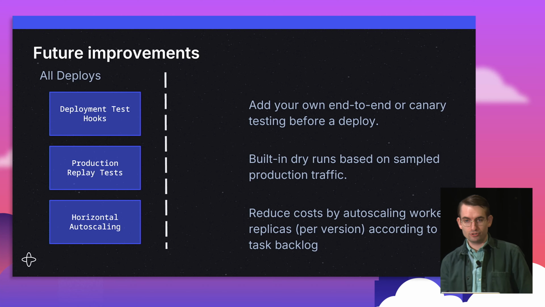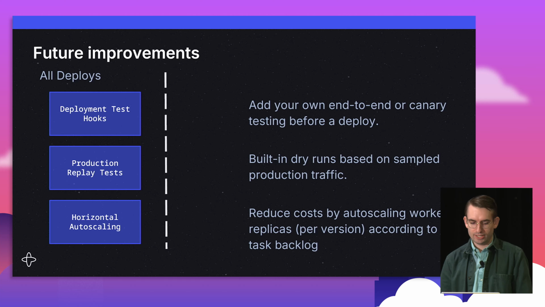There are a few future improvements that we want to make, some very soon. So one of those is that we'd like to be able to create deployment test hooks for you so that you can do kind of canary analysis on new worker versions before you ever start sending any real production traffic to that new version. So we'd be able to spin up a new version and then allow you to start a new workflow automatically that can run some synthetic checks.